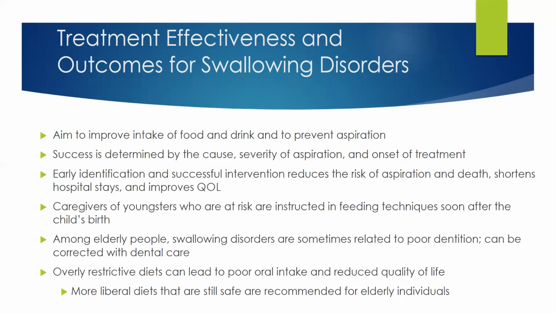And overly restrictive diets. So if we place people on puree diets and don't consider other options and techniques and approaches, it often has a negative impact on quality of life. So we try to liberalize these diets as much as possible and try to make them closer to normal as much as possible.